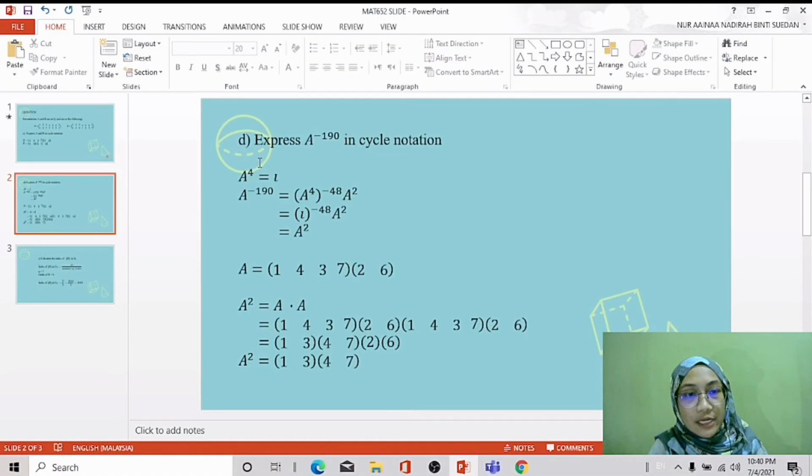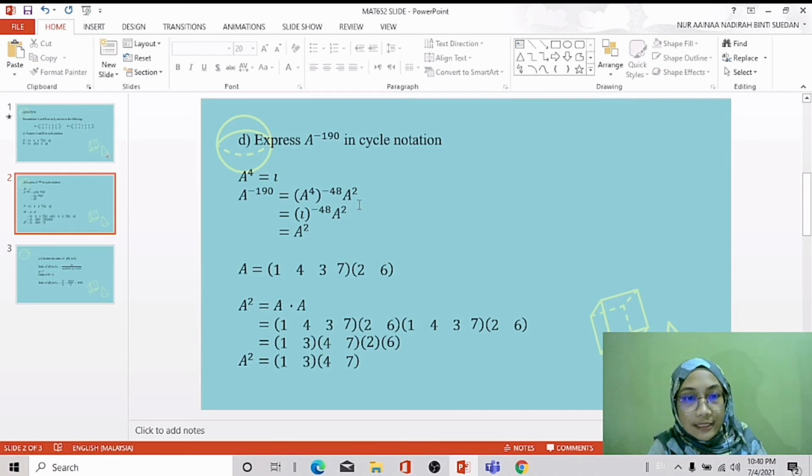So the last question is to express A to the power of negative 190 in cycle notation. We let A to the power of 4 equal iota, the identity map. A to the power of negative 190 equals A to the power of 4, to the power of negative 48, times A to the power of 2.